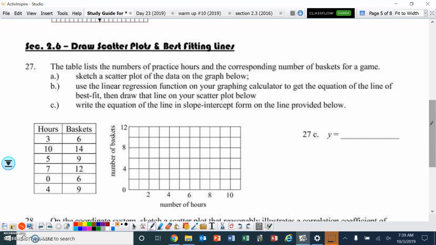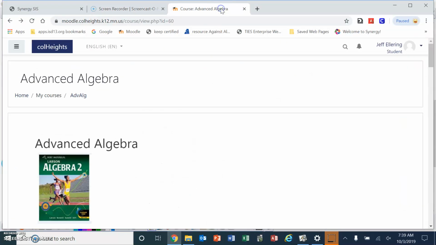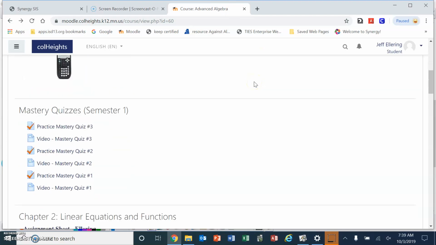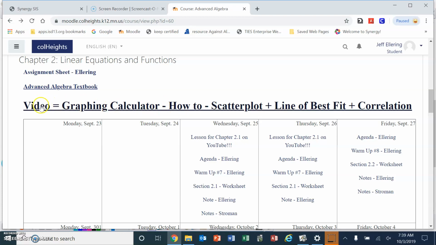Now, if you are not aware, you can go to Moodle. There is a video on how to do all of this with the calculator. Okay, let me show you. If you go to Moodle, go to Advanced Algebra, right there at the top of the calendar, is the video, graphing calculator, how to scatter plot plus line of best fit plus correlation.